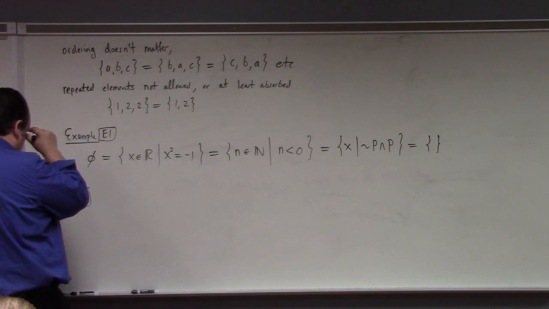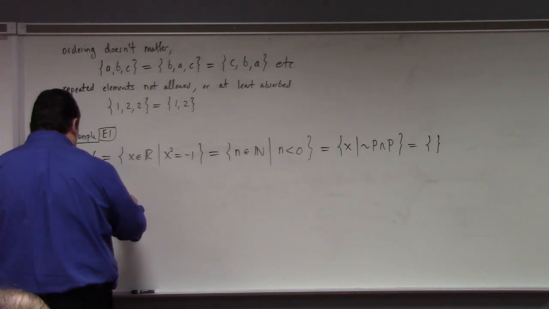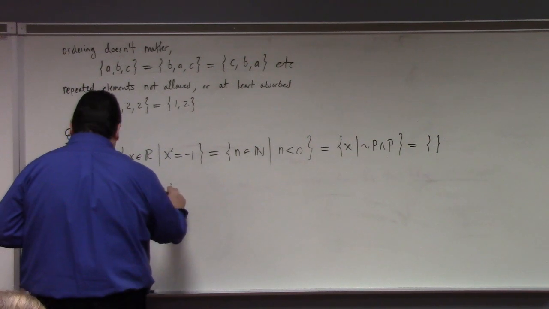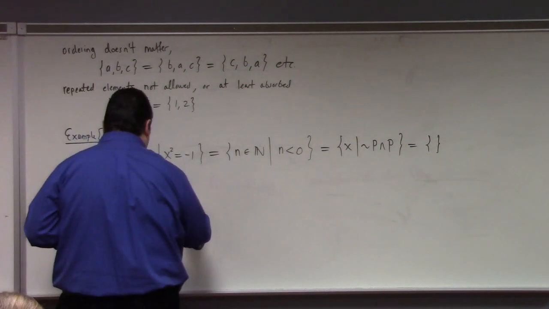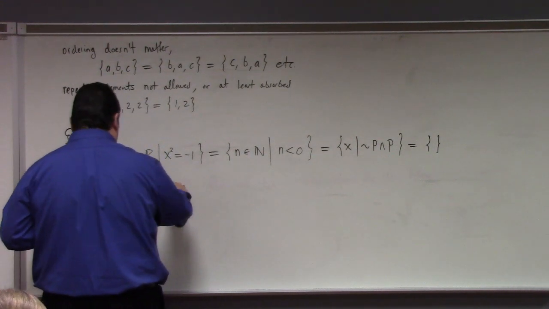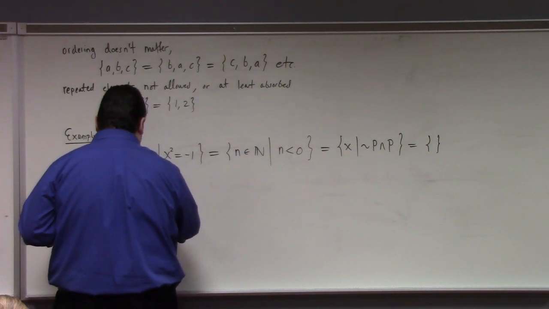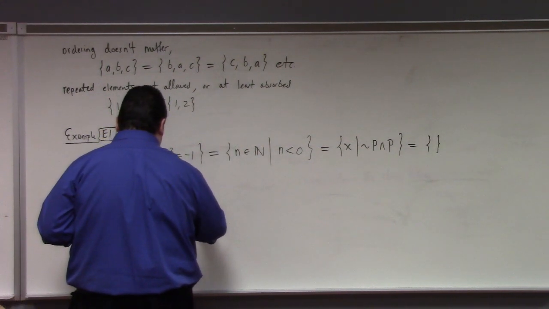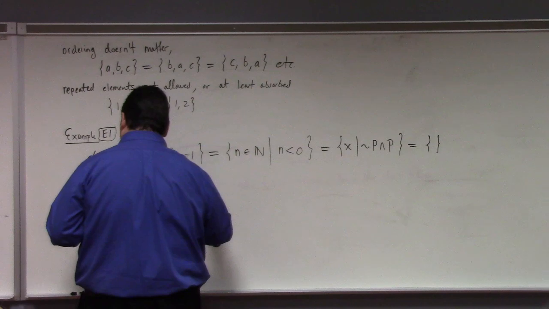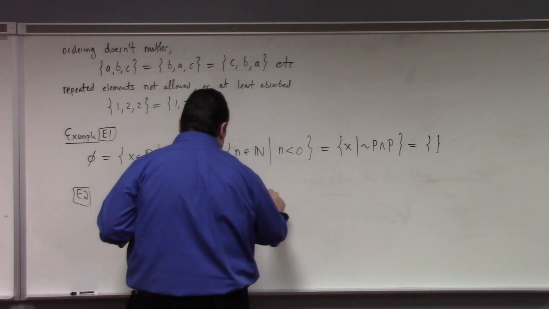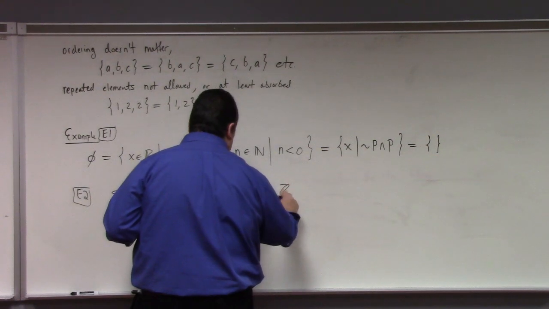I could look at S equal to k squared, such that n in the integers, such that n is equal to k squared for some k in the integers.